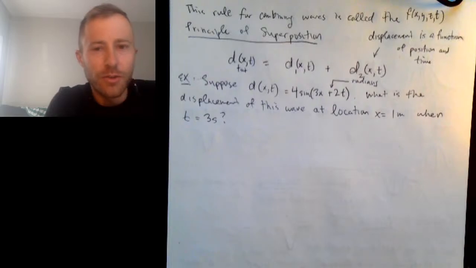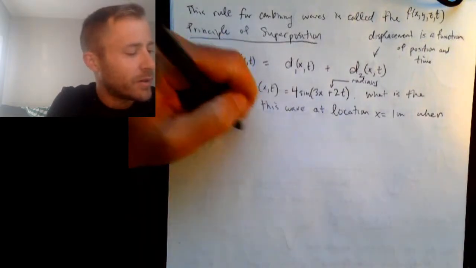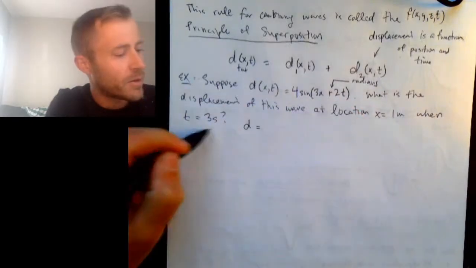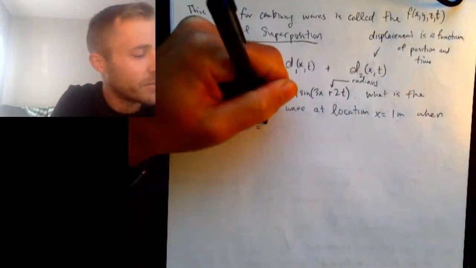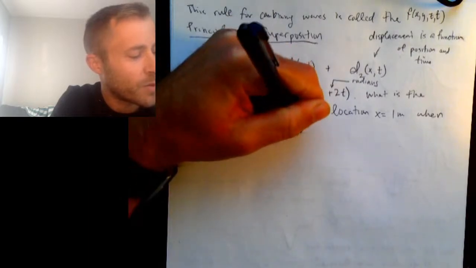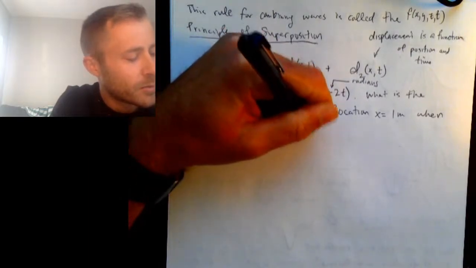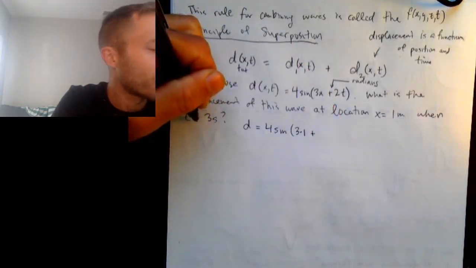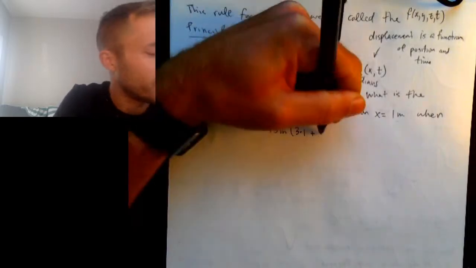I'm going to plug in 1 for x, and I'm going to plug in 3 for t. So I have 4 sine of 3 times 1 plus 2 times 3.